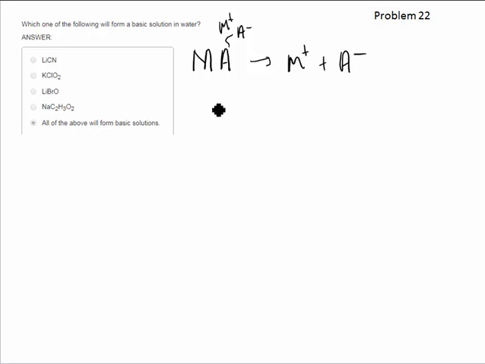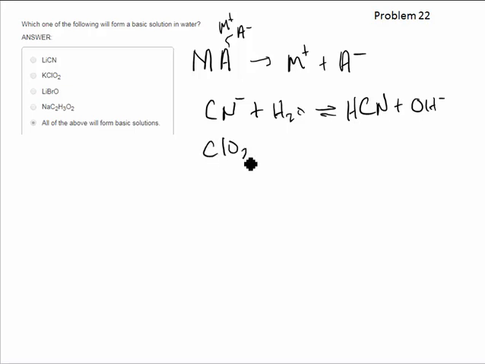So in each of these cases, this first one, CN minus plus water, is that the salt of a weak acid? Indeed it is. It can accept a proton to make HCN, and that's going to leave behind OH minus, because it steals that proton from water. Same thing with the next one. And this next one is lithium.